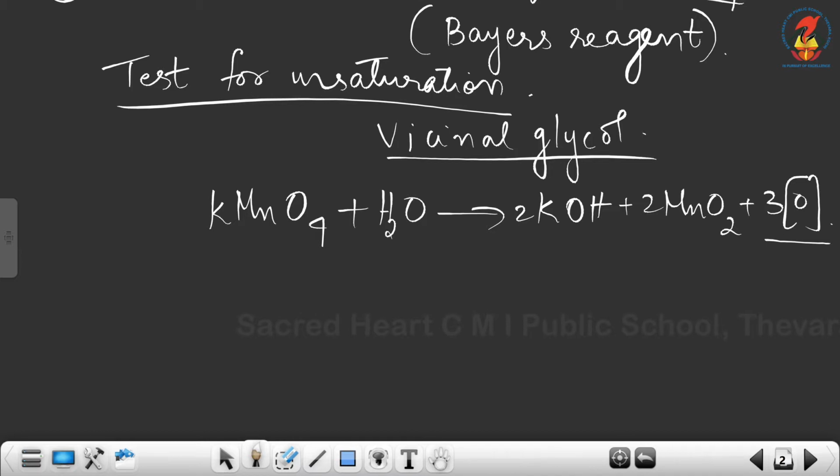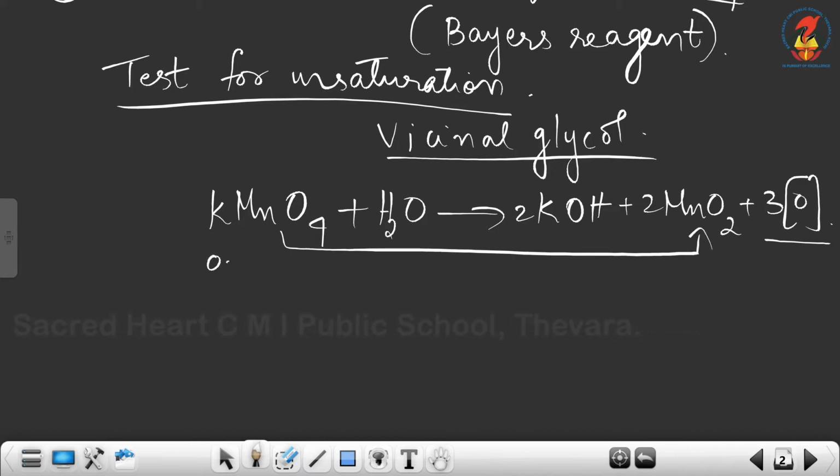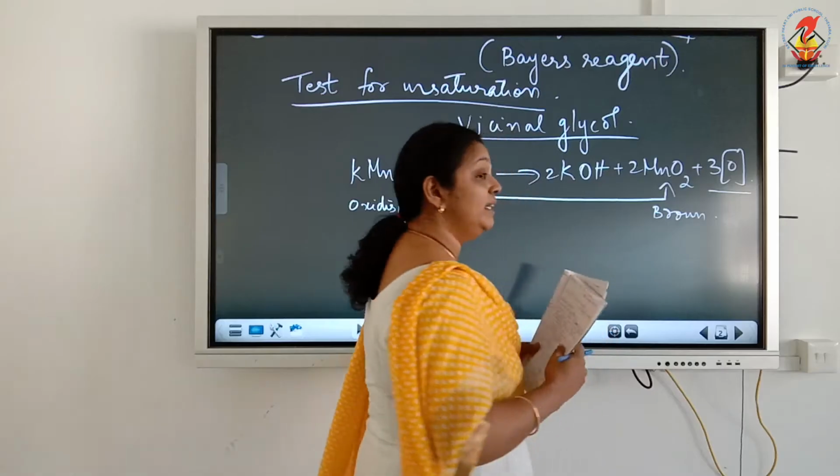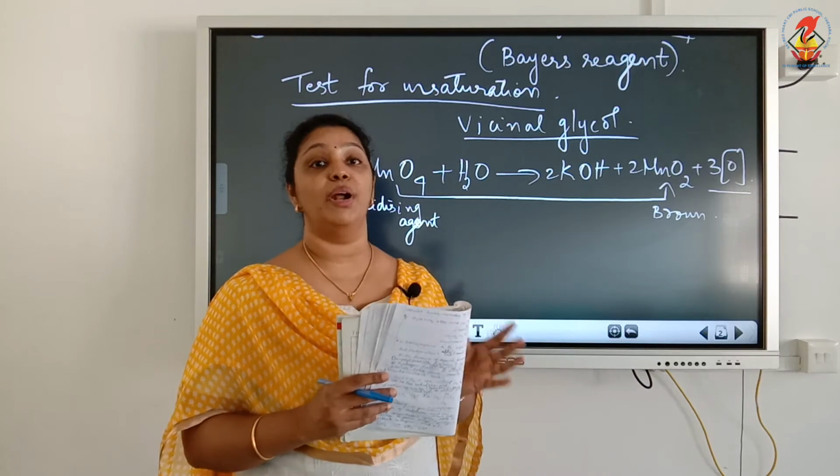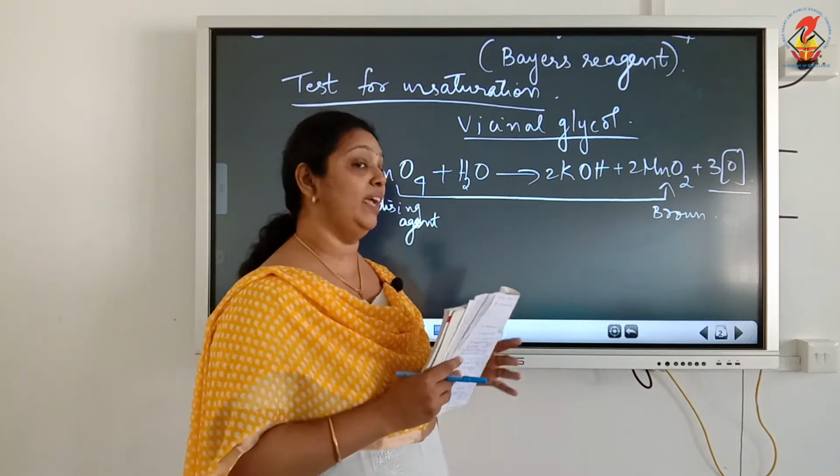This KMnO4 is an oxidizing agent. It gets reduced to MnO2, and MnO2 is brown in color. So actually that pink color of KMnO4 gets decolorized, and in the test tube we will observe a brown color, that is the formation of MnO2.